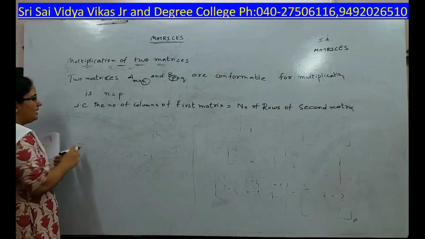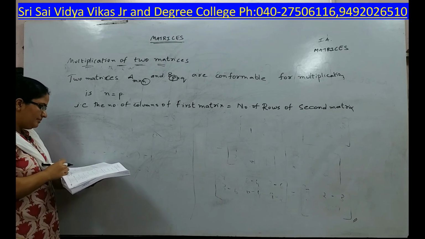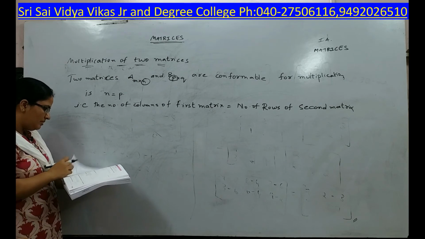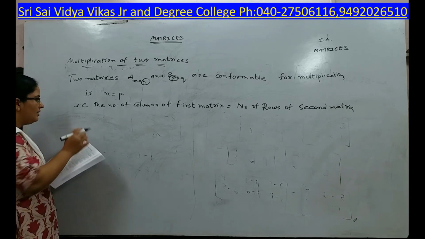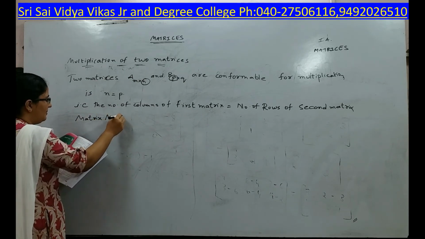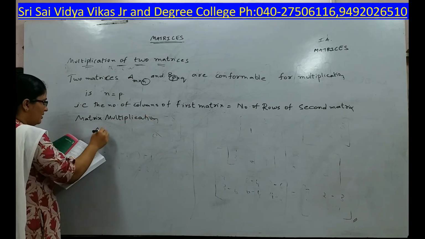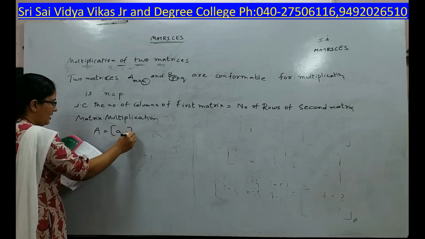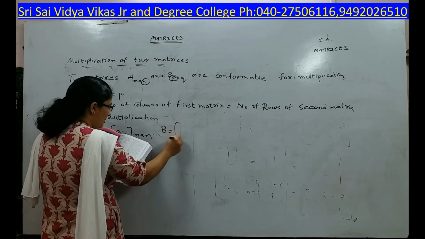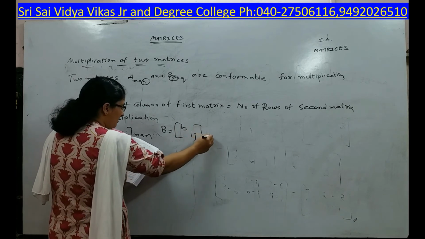Now I want you to write a definition, please note down. Matrix multiplication. A is equal to Aij of the order m by n, B is equal to Bij of the order n by p.